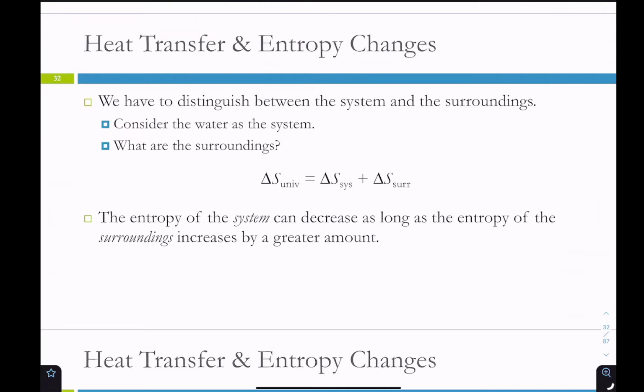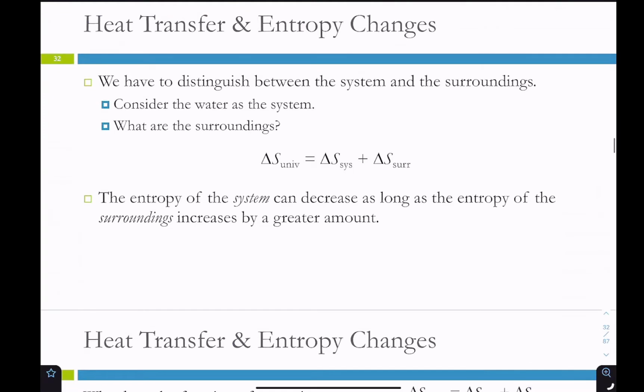So we can decrease entropy for a process. For freezing, if you have liquid water freezing into solid, is that an increase in entropy or a decrease in entropy? Here, I'll write it down.